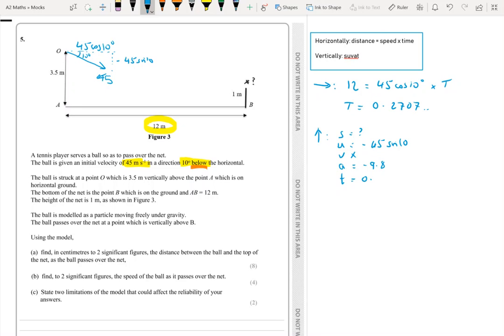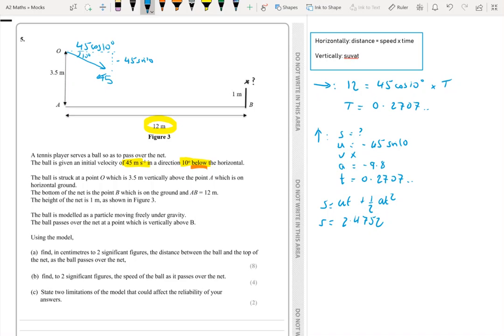And T, we've just found when we get to the net, T is 0.2707. So this is going to be S equals UT plus a half AT squared. I won't write all those numbers down again, but when you substitute that, you should get 2.4752. Again, we're keeping a good number of significant figures there.